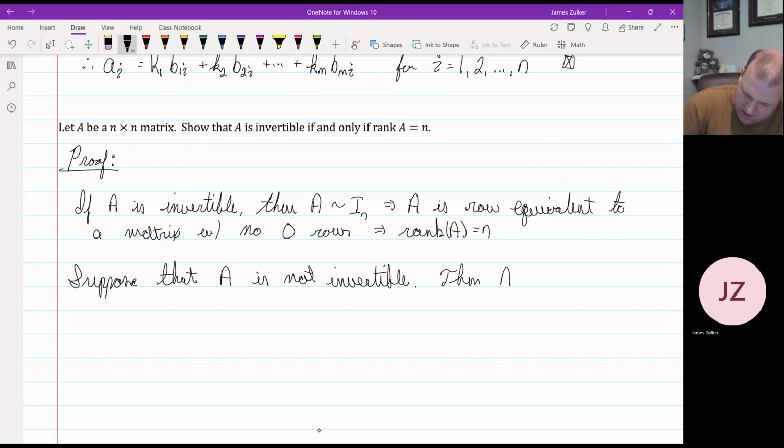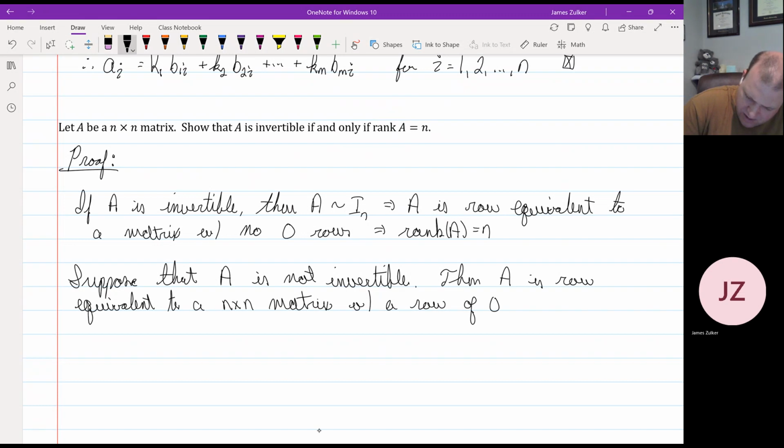Then A would be row equivalent to an n by n matrix with a row of zeros, which means the rank of A will be less than n.